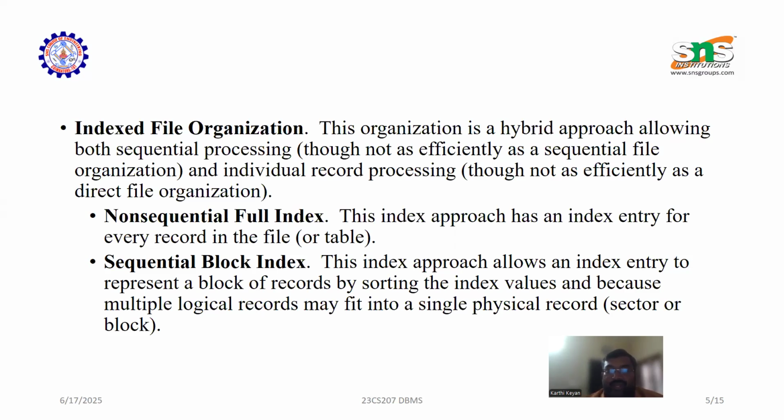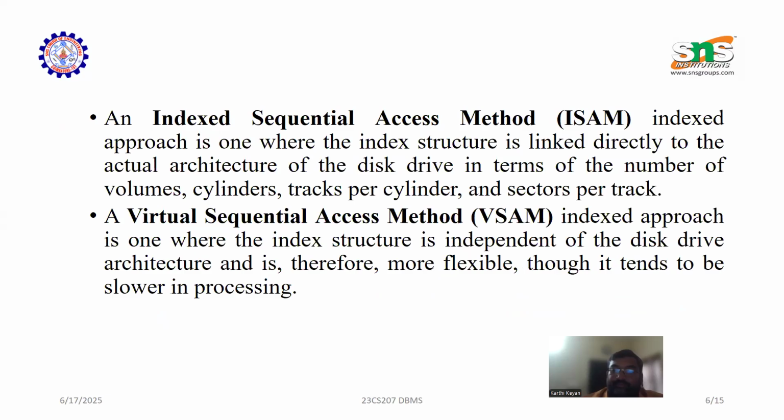So this is a way to identify records in the area. In sequence block index, the index approach allows an index entry to represent a block of records, by sorting an index value, because multiple logical records may fit into a single physical record sector.